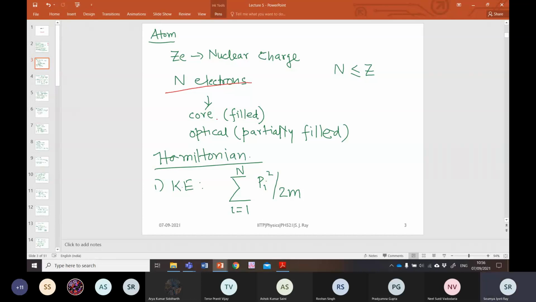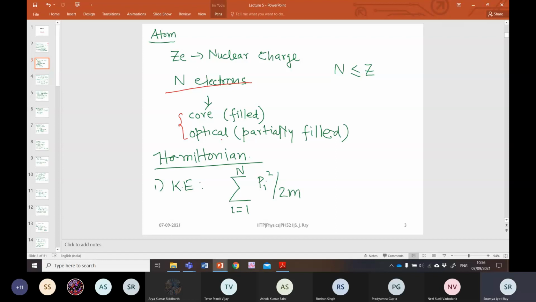Now these electrons are of two types. One is the core electron and the other is the optical electron. What are core electrons? These are the electrons which are usually filled, that means they stay close to the nucleus, so if I want to knock them out of the atomic shell, you have to spend quite a lot of energy, or the interaction strength has to be quite large.